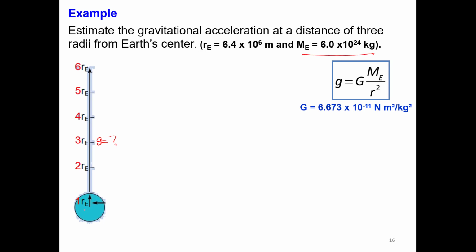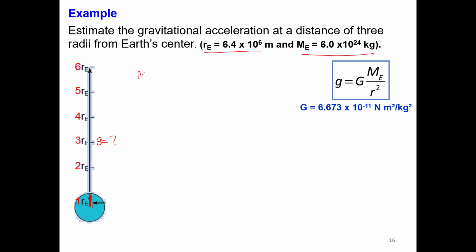Now what is the distance in this case? The distance in this case is 3 times the radius of the Earth. And what we had here is just the radius of the Earth. We know this distance, but we want to calculate the acceleration of gravity if the distance is 3 times the radius of the Earth. Then let me write what information we have here.